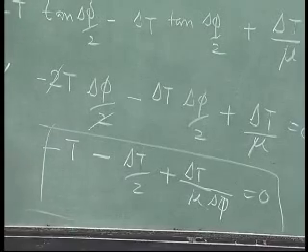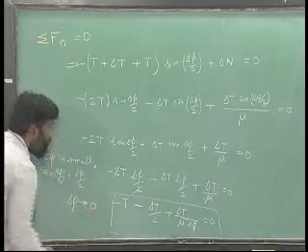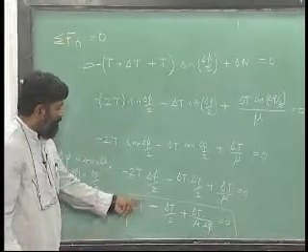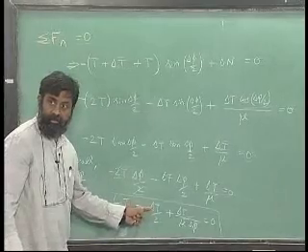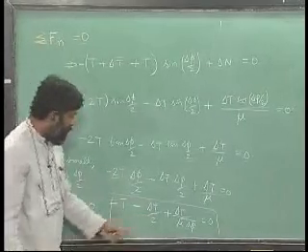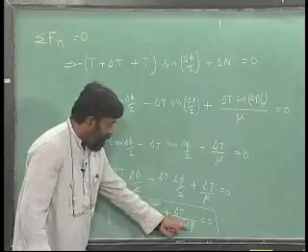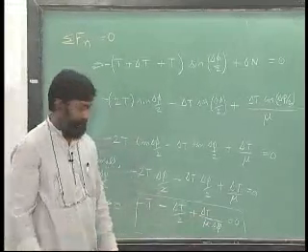If I take delta phi tending to 0, realize this term, delta T by 2, does not have any delta phi; delta T goes to 0, and delta T by delta phi goes to dT by d phi.